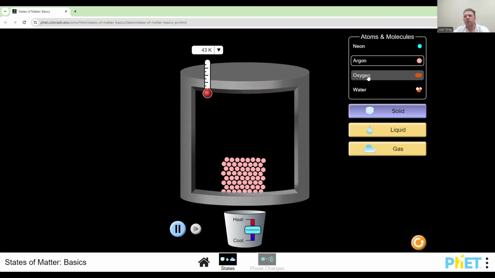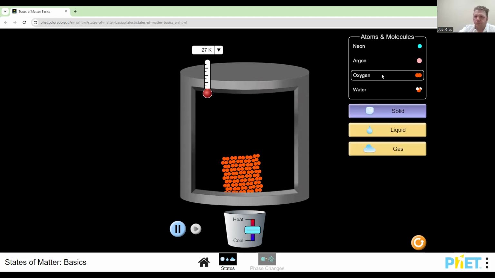Now let's go on to something that is a diatomic element, like oxygen. Can oxygen exist as a solid? It can. At what temperature will oxygen exist as a solid? Well, at negative 246 degrees Celsius.